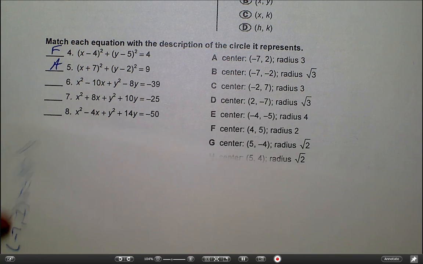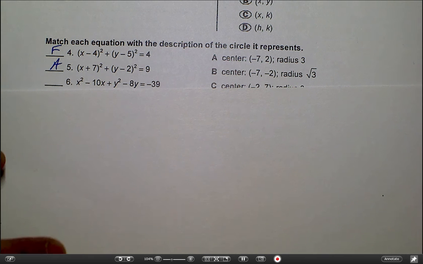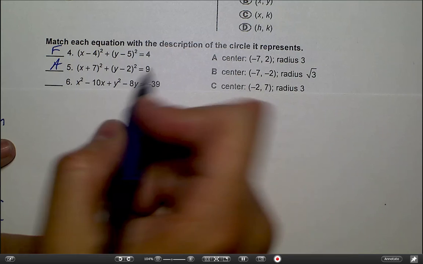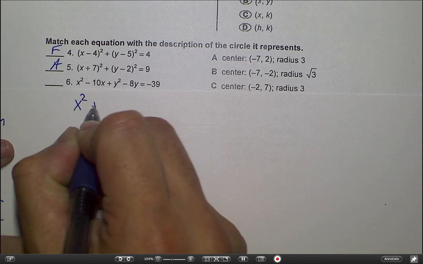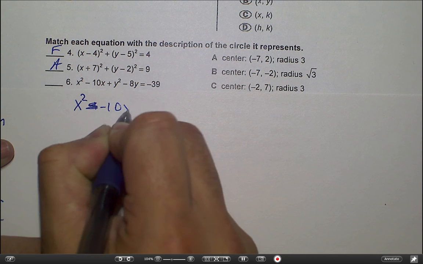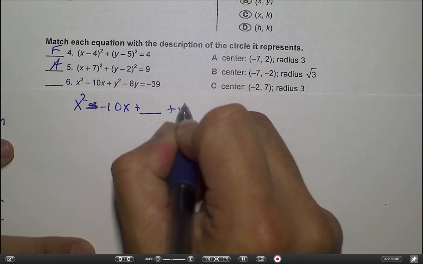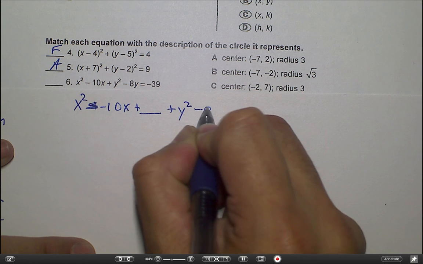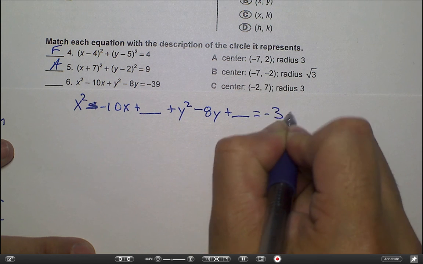Now this next one we're actually going to have to do most of the factoring, not all of it. It's already arranged, so it's going to be x squared minus 10x plus blank plus y squared minus 8y plus blank equals -39.